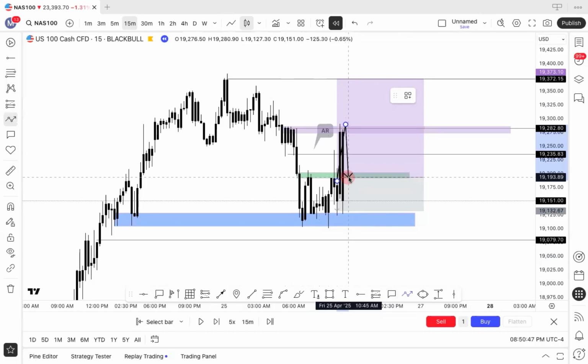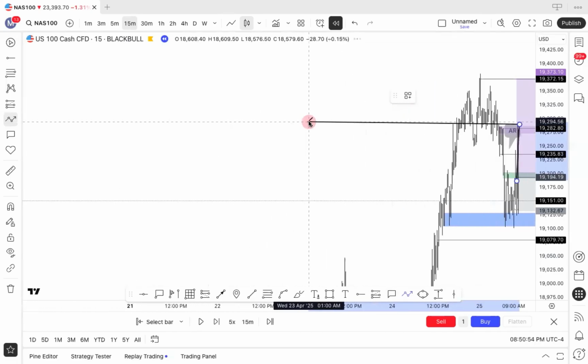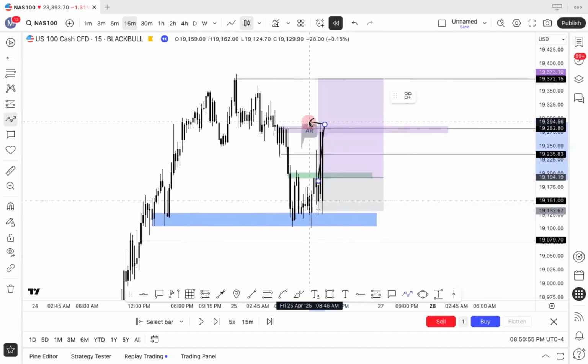Usually resistance. Even if it's just a singular high, if we were to look in the past, at some point there was probably a reaction, right? So when we retraced, we ended up having a deeper retracement, but that's okay because we can still use this level as a break of structure level, right?